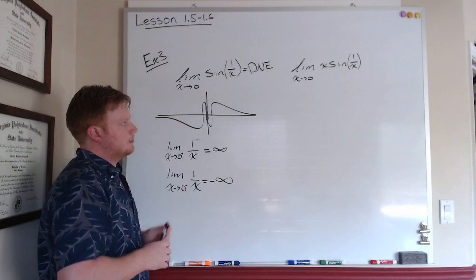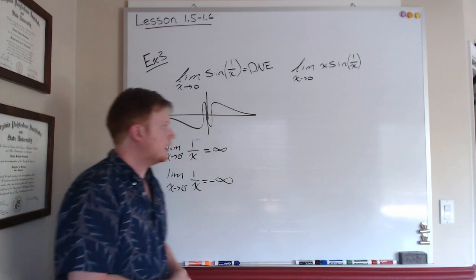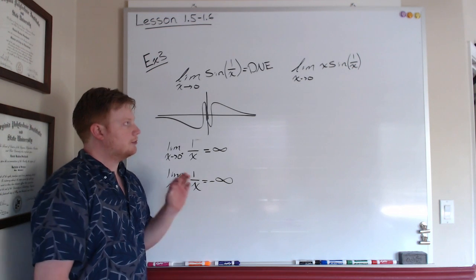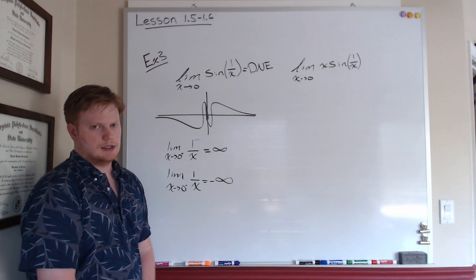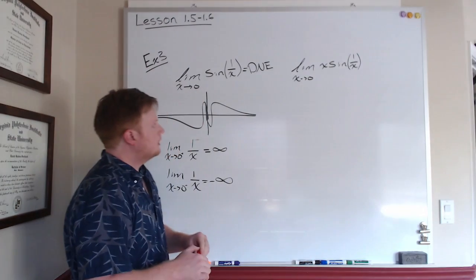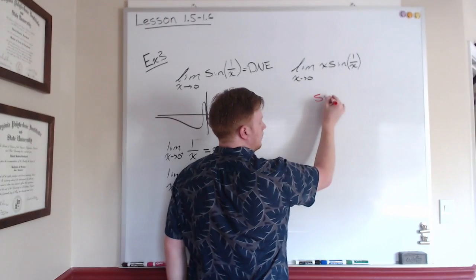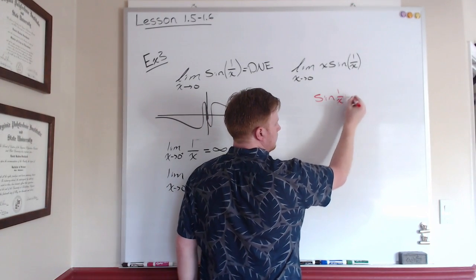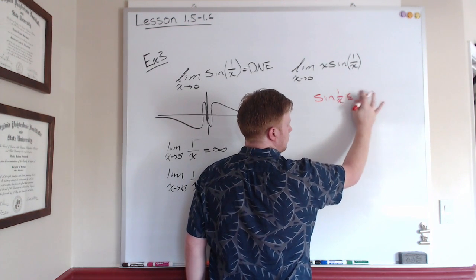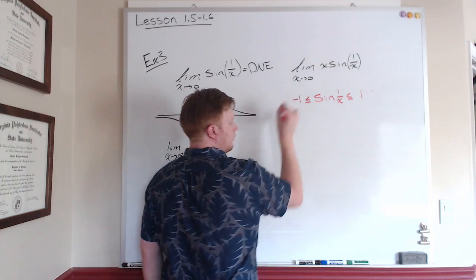Now let's look at the limit of x sine of 1 over x. And if you've gotten ahead of me and you've graphed it, maybe you can guess at what the limit is going to be, but we're going to prove to ourselves that that limit does exist. Well, we've already said that the function sine of 1 over x is always between 1 and negative 1.